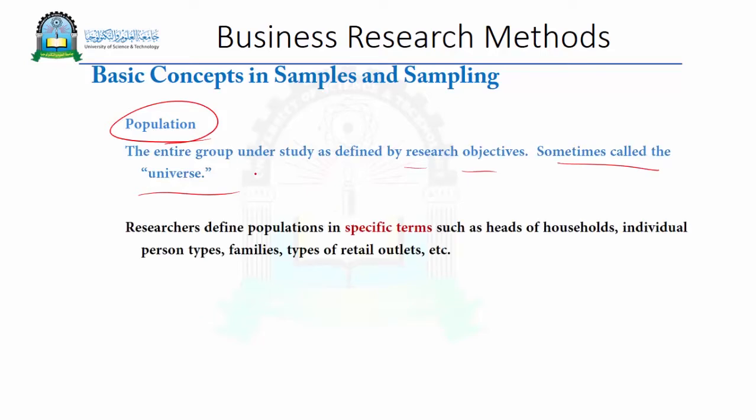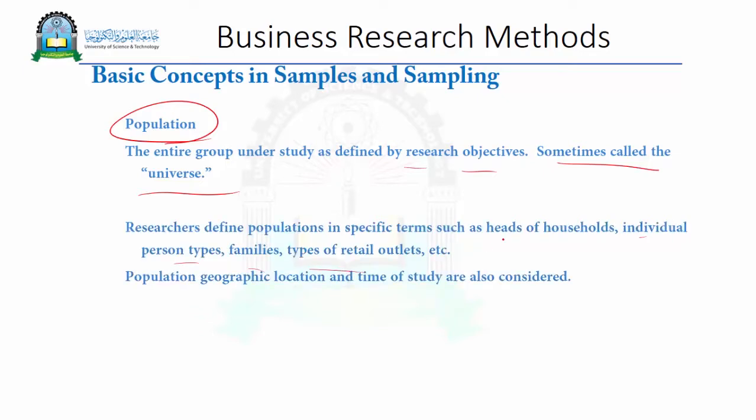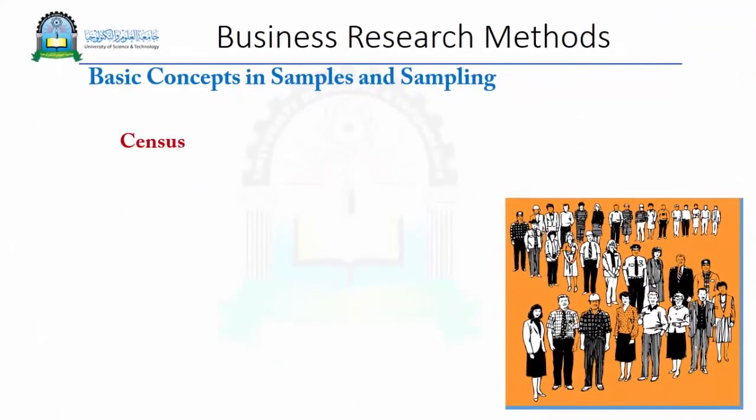Researchers define the population in specific terms, such as heads of households, individual person types, families, types of retail outlets. So whatever people must be included in your research. The population, geographic location, and time of study are also considered for that.